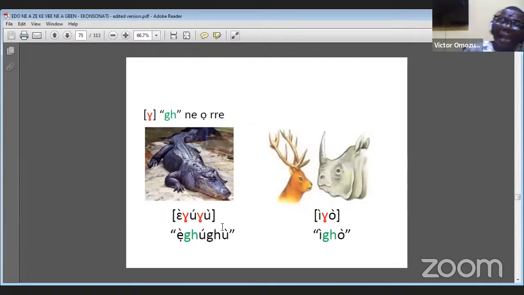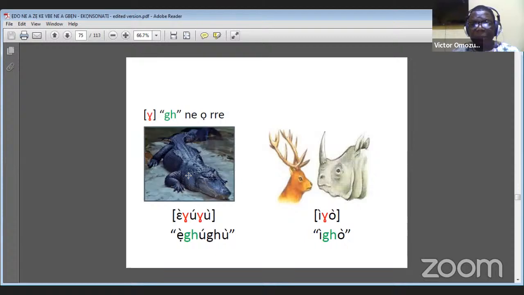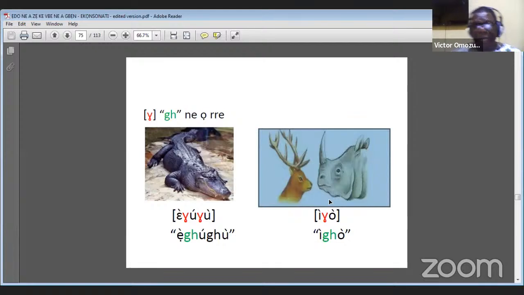Then now, Ewuwu. So you see the picture of Ewuwu there. It's different from Agbaka. And then you have Igbo, that's horn, as you can see there.